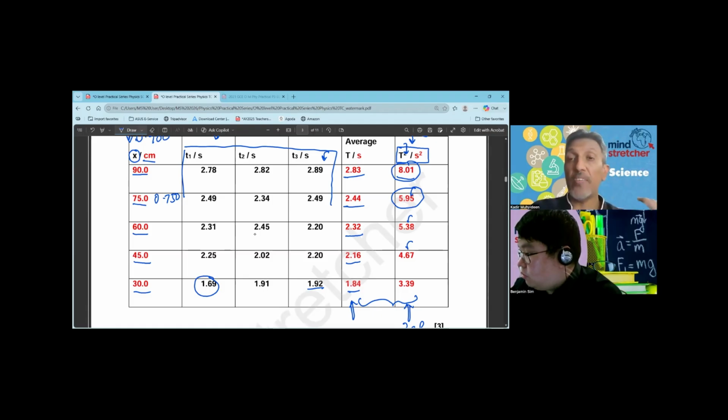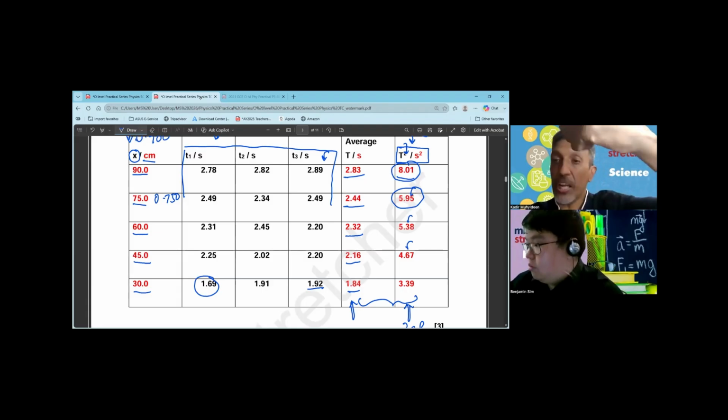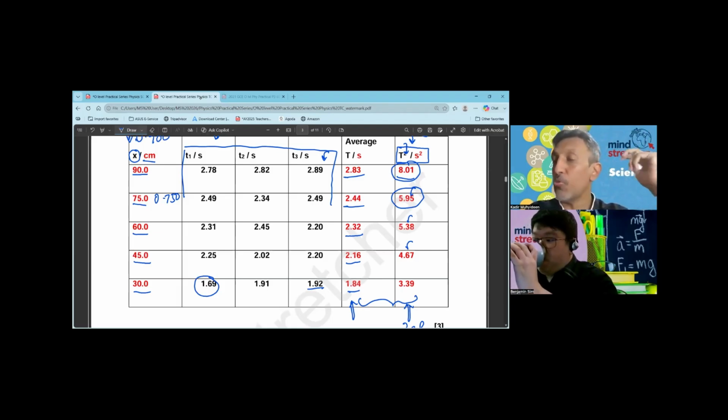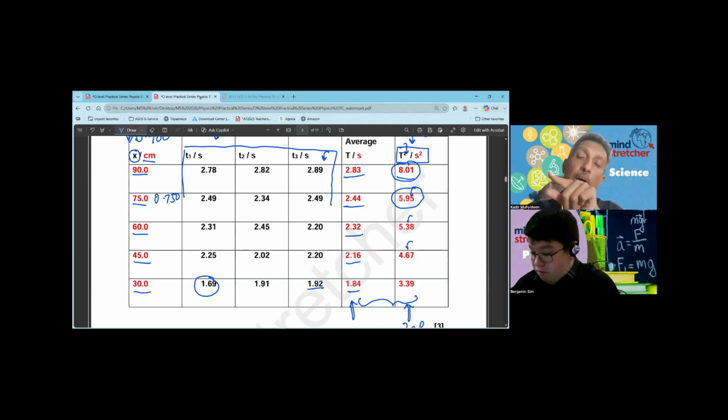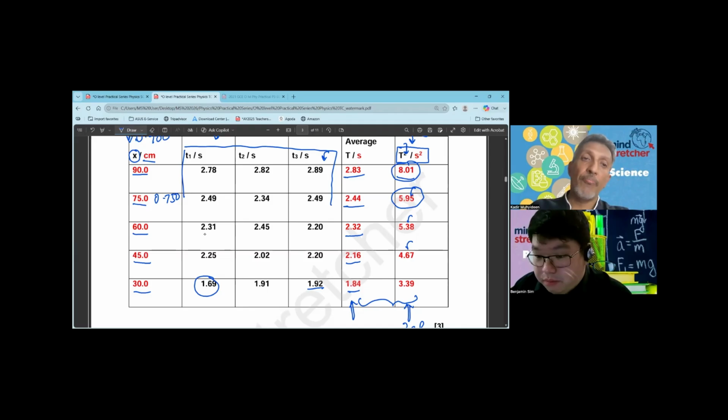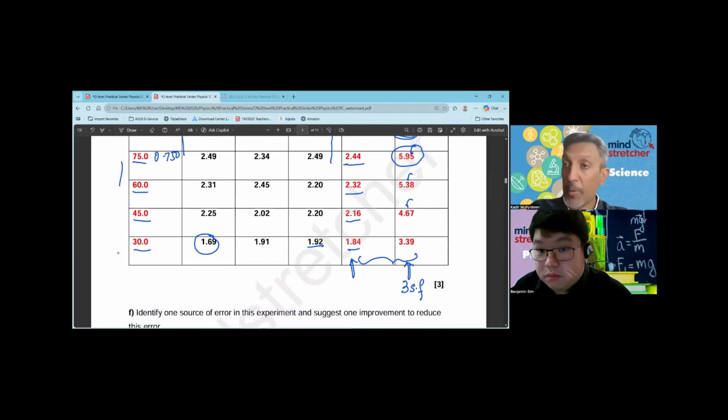The chance of human error is there, because you release it and start the stopwatch, and then when you stop it, there's human reaction time, which is about 0.1 to 0.2 seconds. So when you're recording over a short time duration, the effect of that is more significant. This is what I mean by thinking about the experiment and writing.